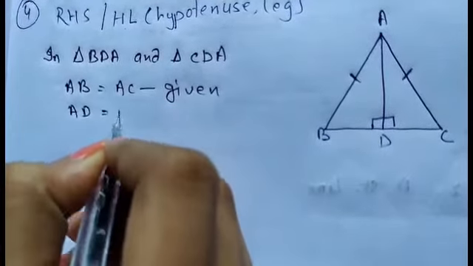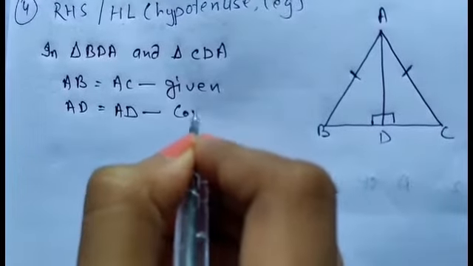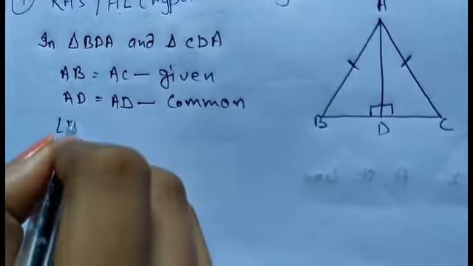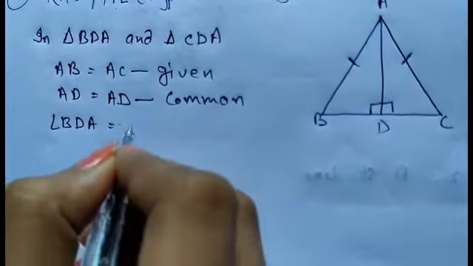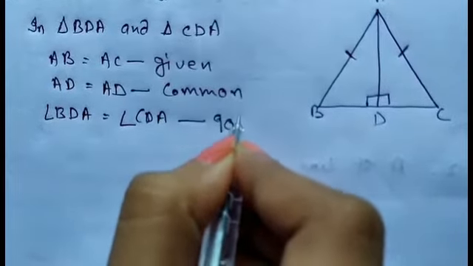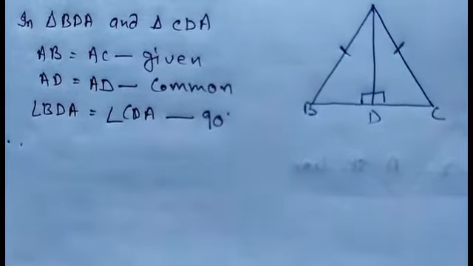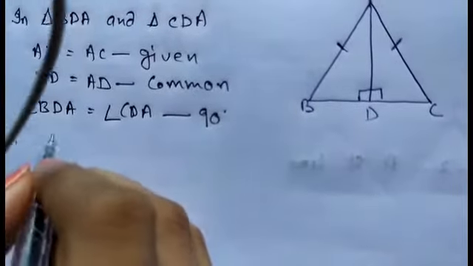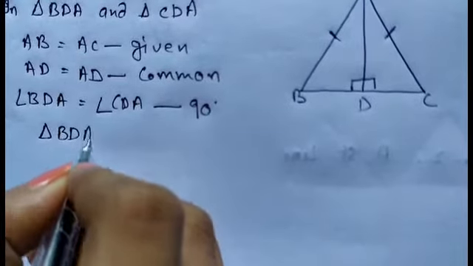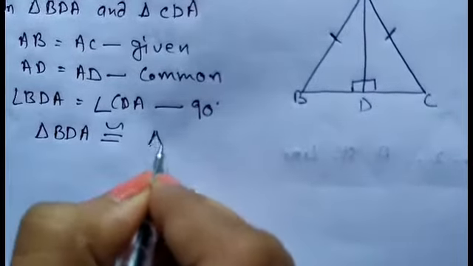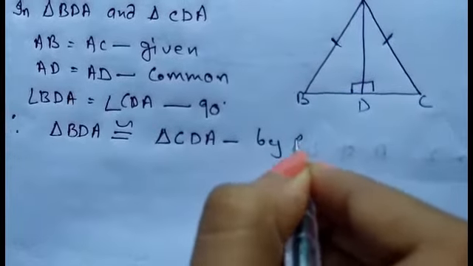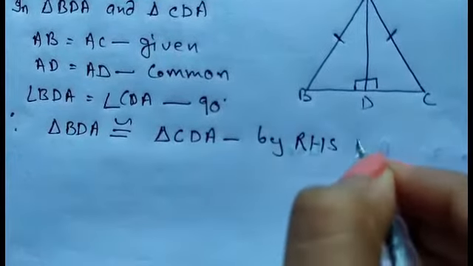AD is equal to AD, common. Angle BDA is equal to angle CDA, by 90 degrees. Therefore, triangle BDA is congruent to triangle CDA by RHS criteria.